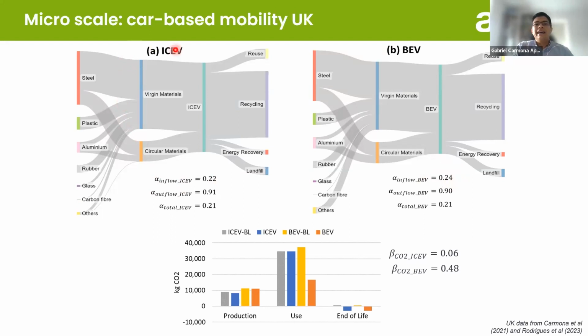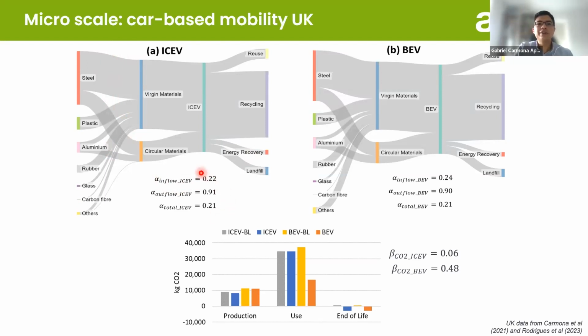Now, for the outflows, we have a high value, which is 91% going into reuse, recycling, and energy recovery. And the 0.22 is only 22% of the materials that go into my new vehicle coming from circular materials, those coming from reuse or recycling.